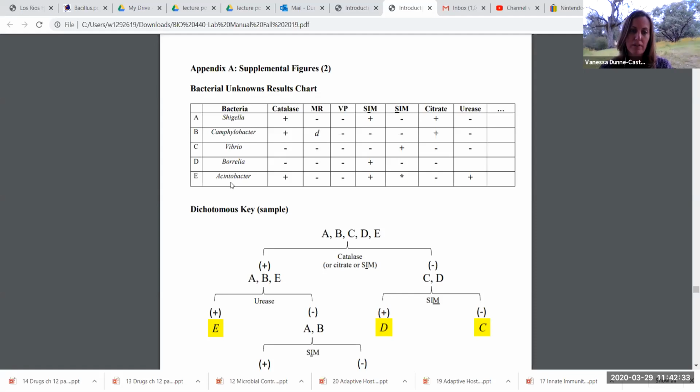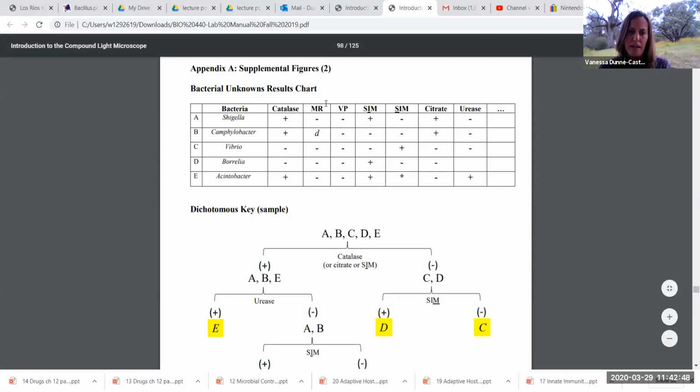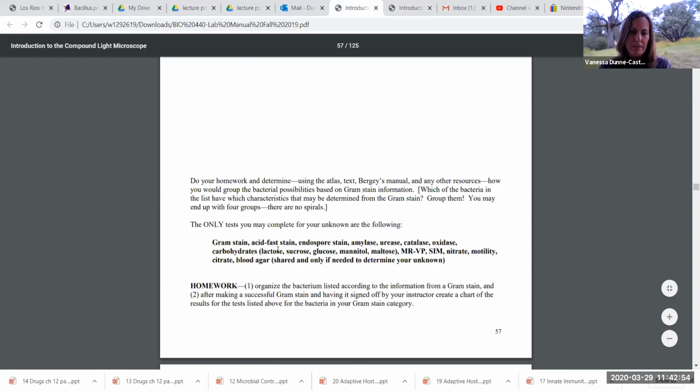So for example, here are a list of 5 organisms, and the designation given is A through E. And here at the top, the titles of each of the columns are the different types of tests that we have available for you, again, based on this list here. So these are the only tests that we have available or have done.